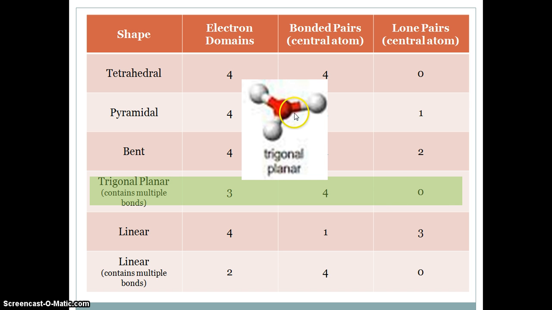Now if you notice, it might look similar to the pyramidal one, but these ones don't have that lone pair of electrons that would force these down into the pyramid shape. So these are all on the same plane, which is why it's called trigonal planar. It would lie flat on the table.